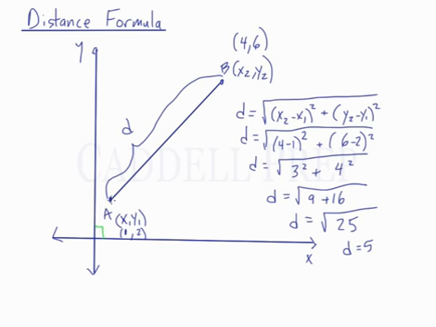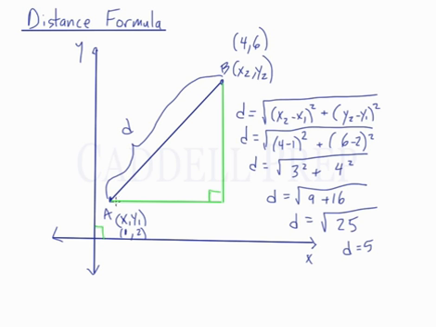So if we were to make a line in the x direction parallel to the x-axis and make a line parallel to the y-axis, we could form a triangle with the right angle. Then we could actually use Pythagorean theorem.